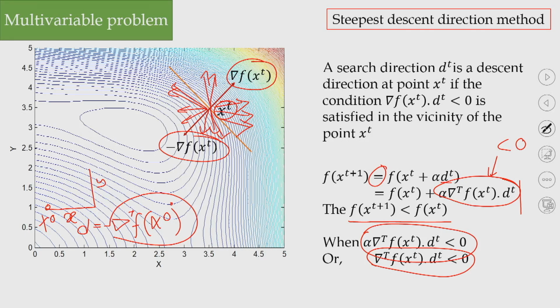Suppose you are here, this is your x naught. You calculate the gradient, then go along the negative direction, and you get x 1. Then you calculate the gradient again, go along the negative of the gradient, and you find x 2, something like that. So I can change my direction and finally I will get the optimal solution after a few iterations.